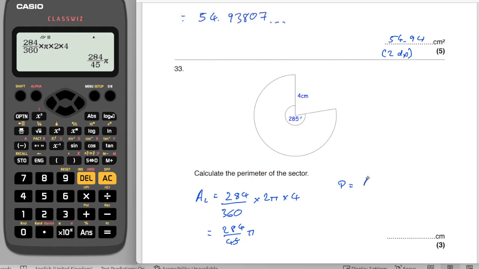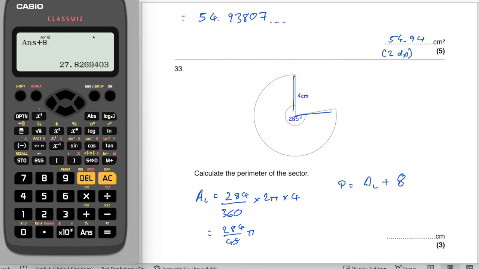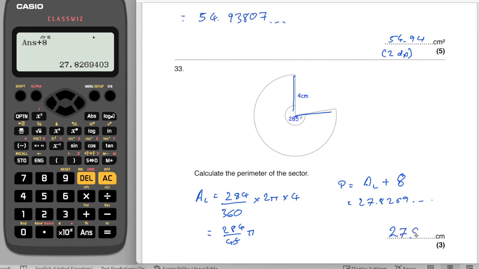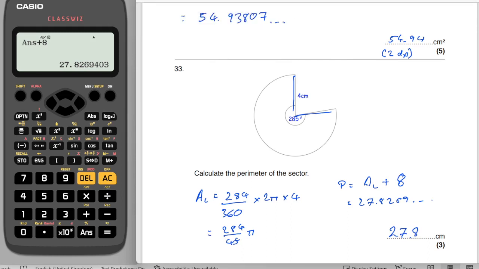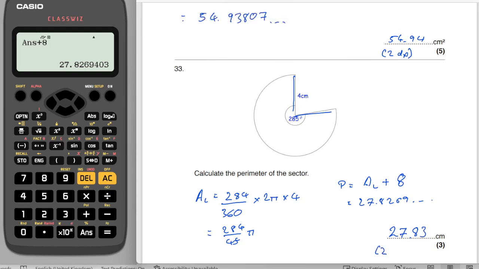The perimeter is going to be the arc length plus 2 lots of 4, that 4 and that 4, so plus 8. If I add 8 to that value as a decimal, I would have 27.8269 dot dot dot. It doesn't ask for a degree of accuracy, so I'm going to say 27.83 to 2 decimal places.